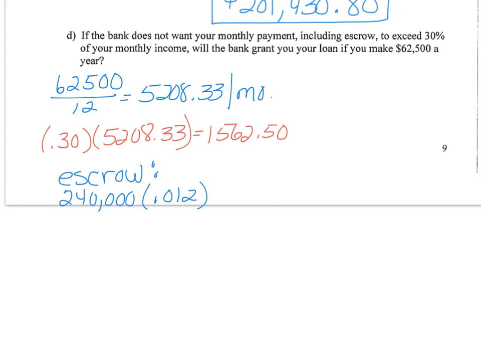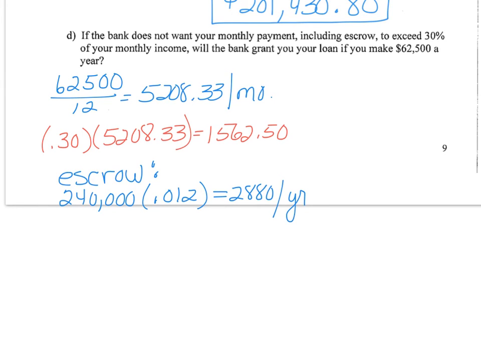Okay, so we're going to multiply that and see how much escrow I'm going to be paying. So I'm going to have $240,000 times 0.012 because it was 1.2%. And that'll give me $2,880. Okay, so that's how much escrow I'm going to pay per year, okay?